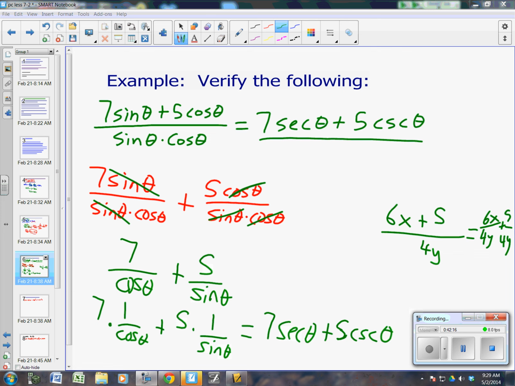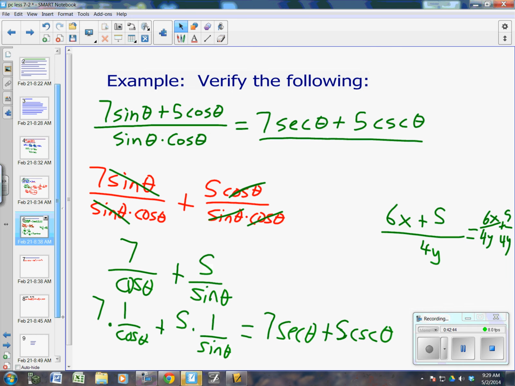This is 7 divided by cosine, which is the same thing as 7 times 1 over cosine. Oh, never mind, I had it backwards. If you multiply, you're going to go 7 times 1. This is not a fraction divided by a fraction.